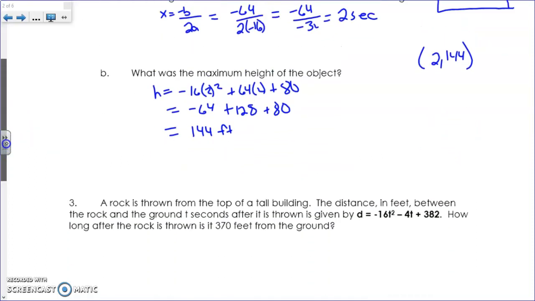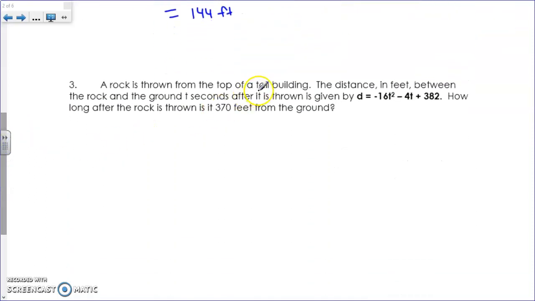Okay, so let's look here. A rock is thrown from the top of a tall building. The distance in feet between the rock and the ground t seconds after it is thrown is given by this. How long after the rock is thrown is it 370 feet? Okay, so 370 is a height, so it's going to go in place of d.